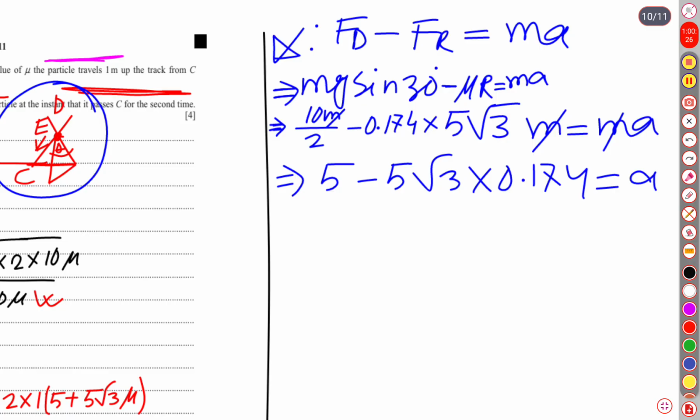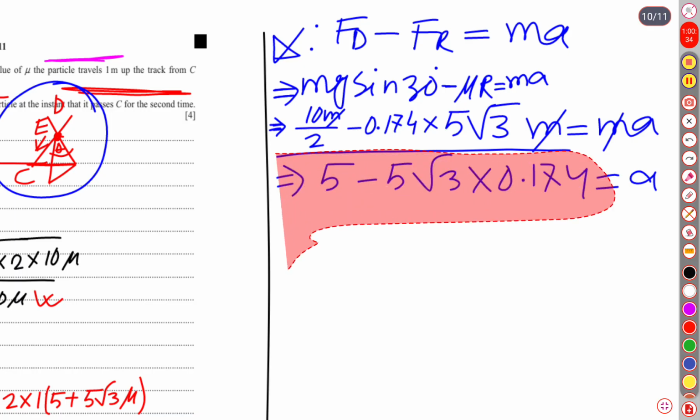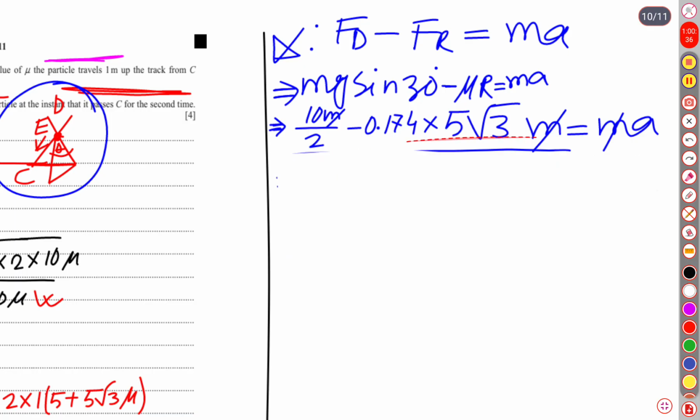This is the last part of this secondary part.